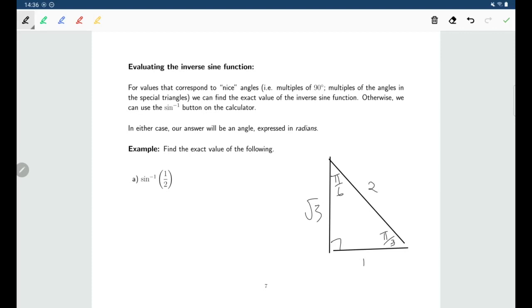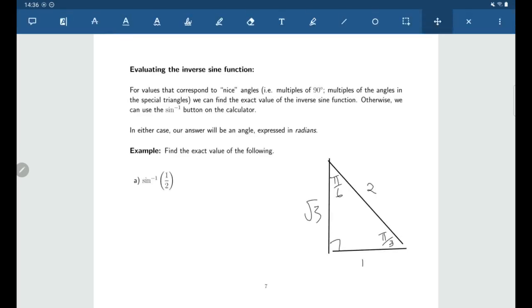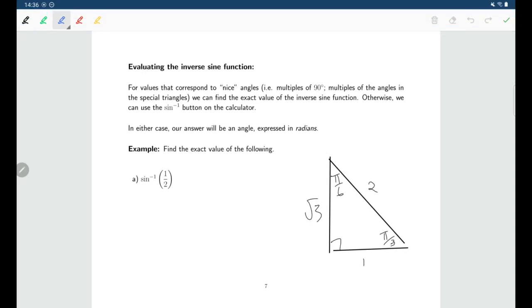And I know that for this triangle, if I'm looking at the pi over 6, the 30 degrees, sine of that would be opposite over hypotenuse. Sine of pi over 6 would be a half. So that means sine inverse of a half should be pi over 6.